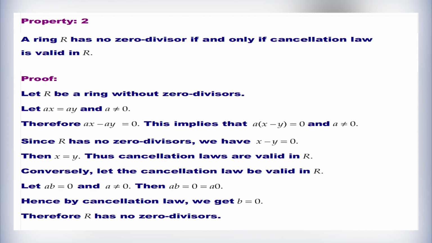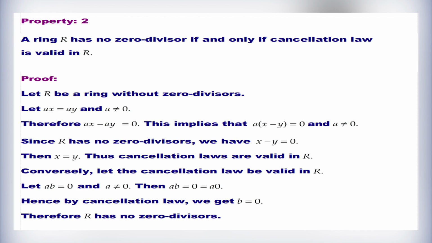Second property is, a ring R has no zero divisor if and only if multiplication cancellation law is valid in R. Proof of the property is, let R be a ring without zero divisors. Let Ax equal to Ay with A not equal to 0.